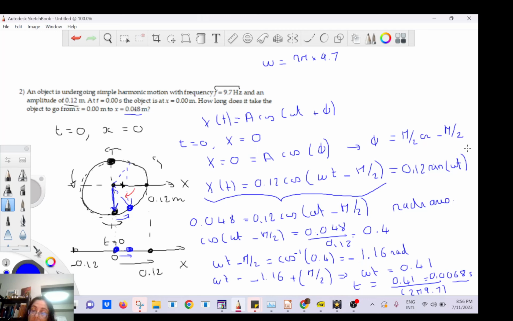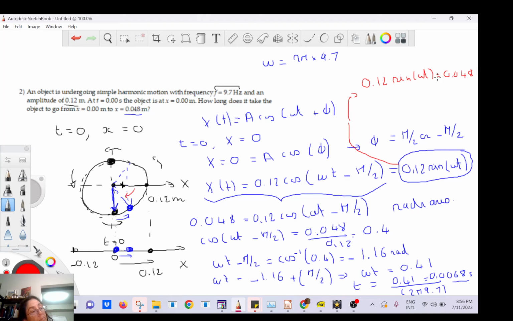Now, this makes you think through. If you start from here, of course, it's going to be easier, right? So if you start from here, then it's fewer steps, okay? Because you're going to have 0.12 sine omega t equals 0.048.